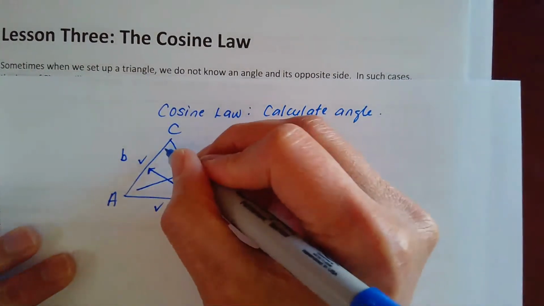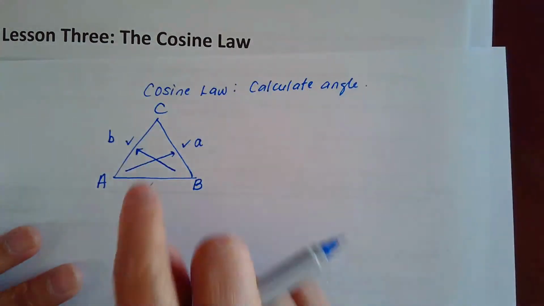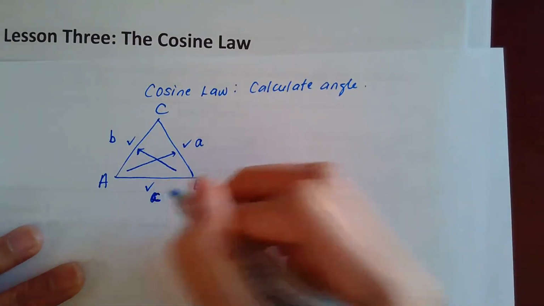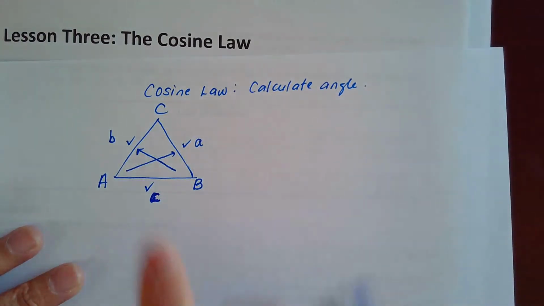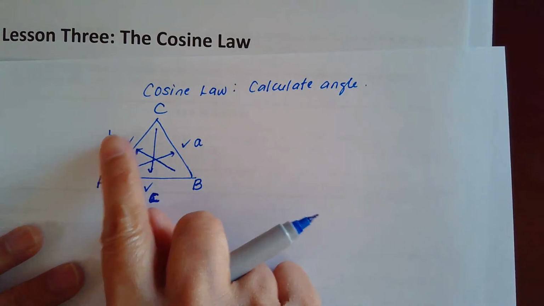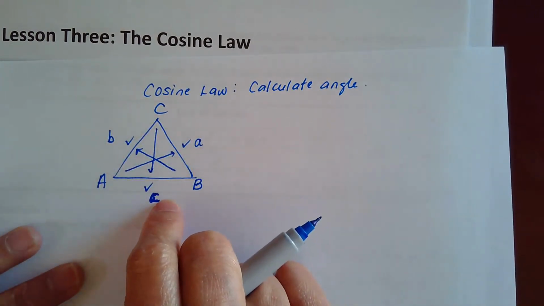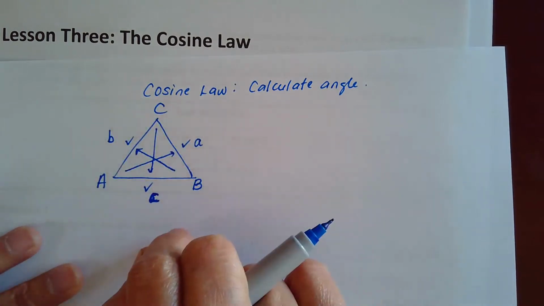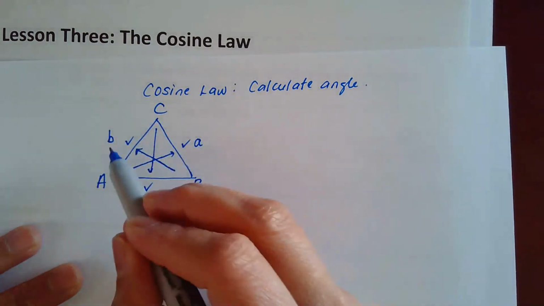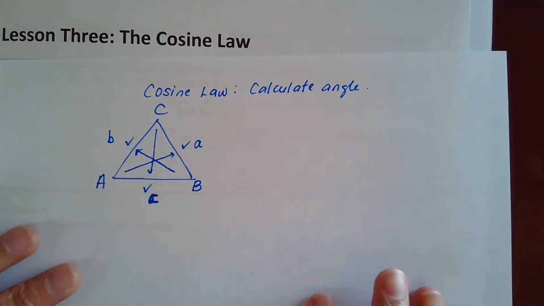And if this is the angle given, we're going to call this side C. In this particular case, it's important that we write down all of the right values for the given information. We can't mix them up.